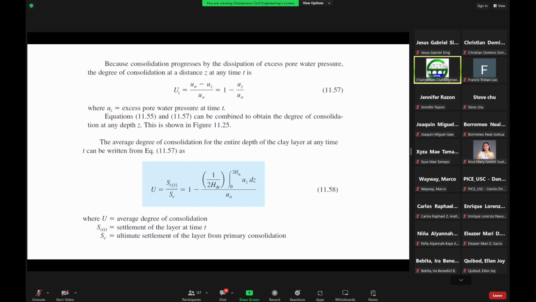So the degree of consolidation at a distance z, at any time t, is now equal to this equation here, where this is the degree of consolidation, and U sub O is again the initial excess pore water pressure. Then U sub Z is the excess pore water pressure at time t.